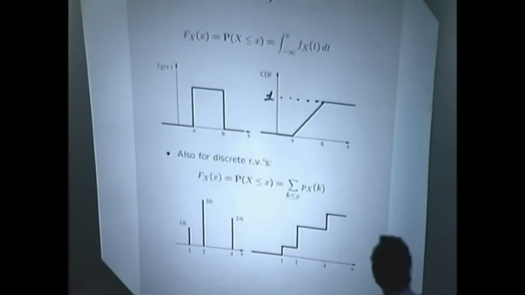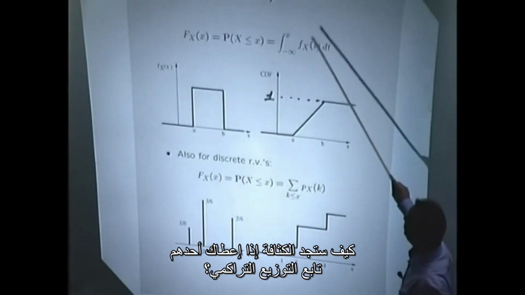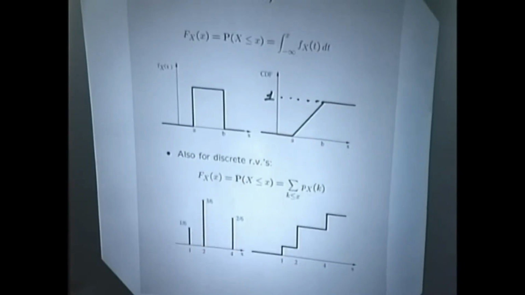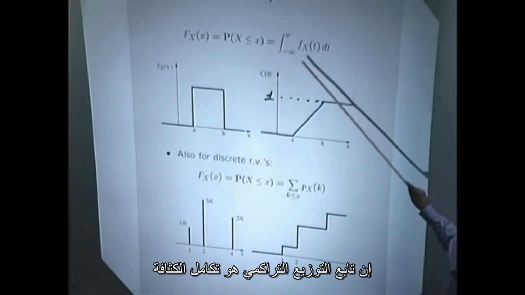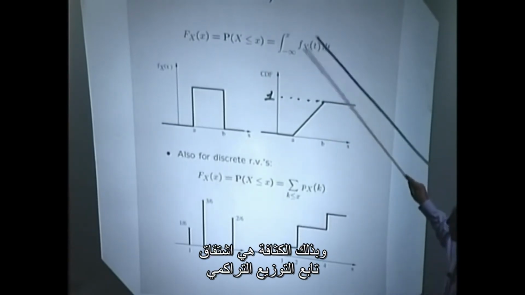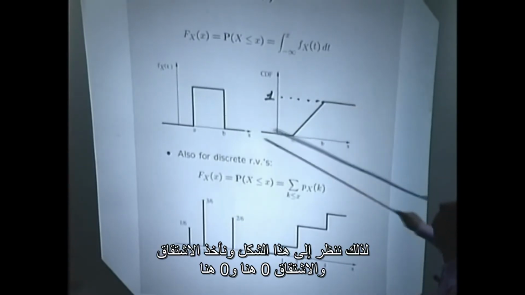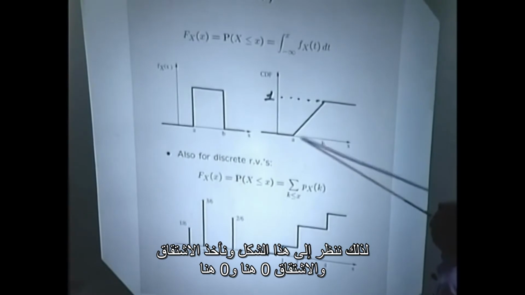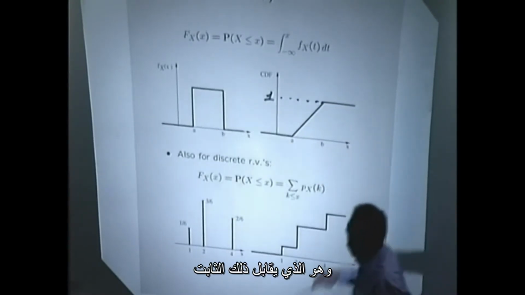Okay. How would you find the density if somebody gave you the CDF? The CDF is the integral of the density. Therefore, the density is the derivative of the CDF. So you look at this picture and take the derivative. Derivative is 0 here, 0 here, and it's a constant up there, which corresponds to that constant.